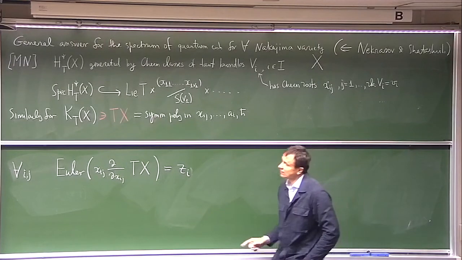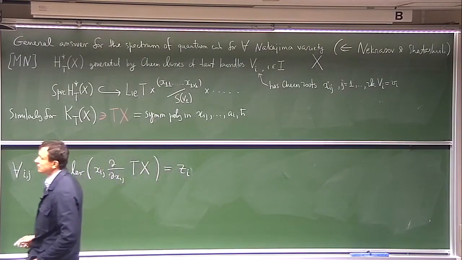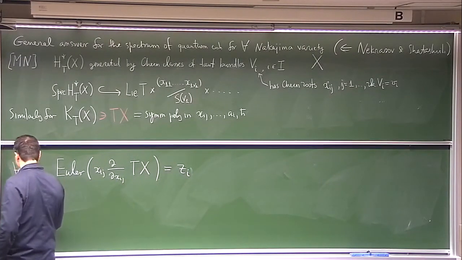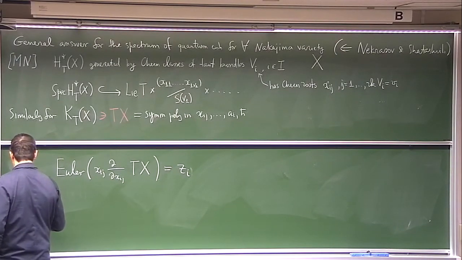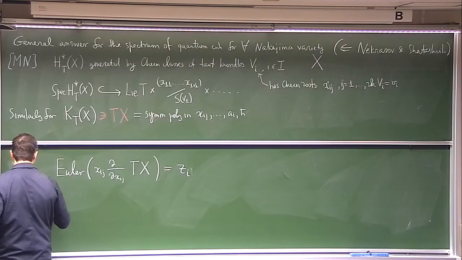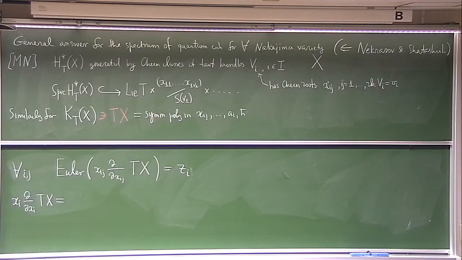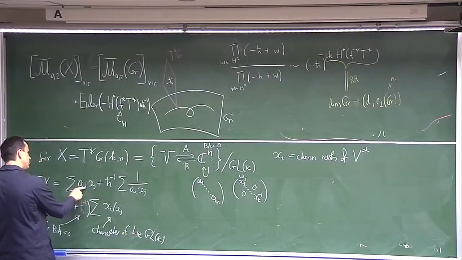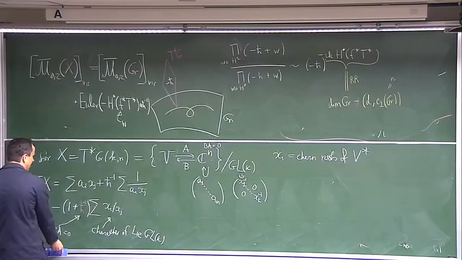Right? Concretely, what is going to be for Grassmannian? For Grassmannian, if I take xi d by dxi of my tangent bundle, well, I should have written j and i.